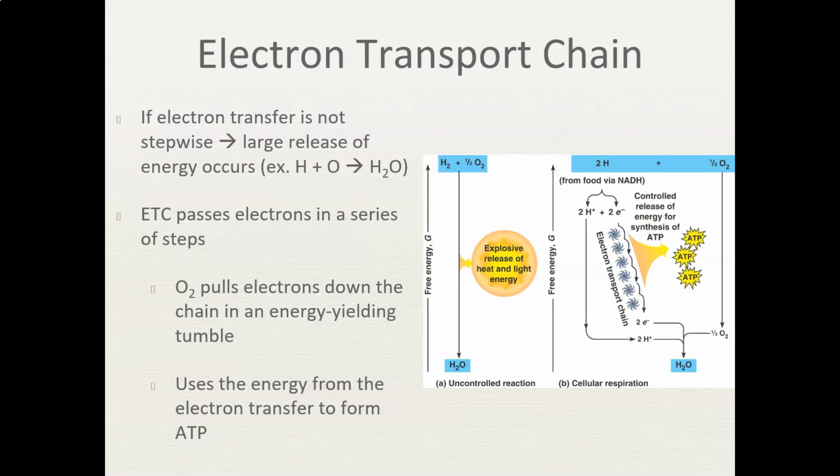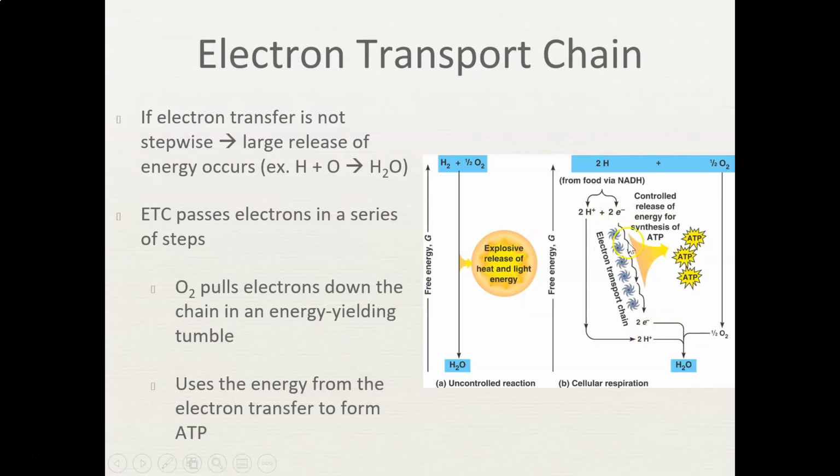So your cells have evolved this electron transport chain to take that breakdown of glucose and do it in a series of steps so that we can control the amount of free energy that's given off at any given point in time. Ultimately, that oxygen is going to be what we talk about as your final electron acceptor, which is what you're seeing down here.